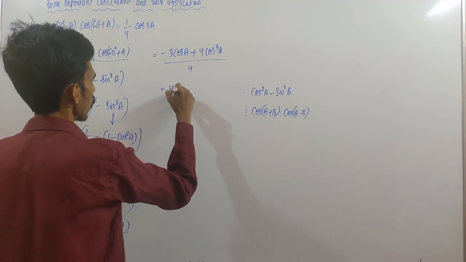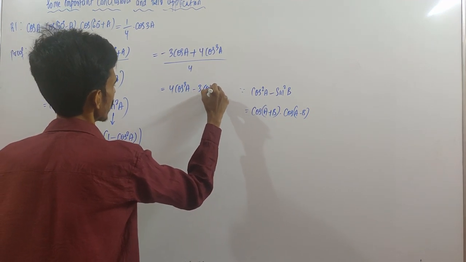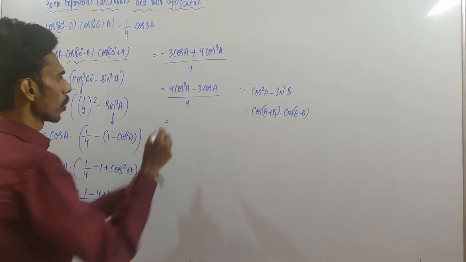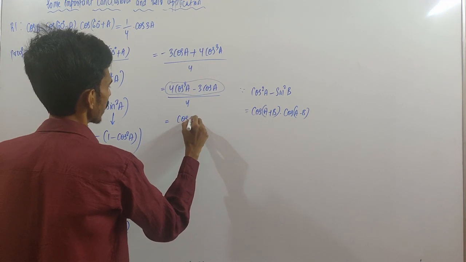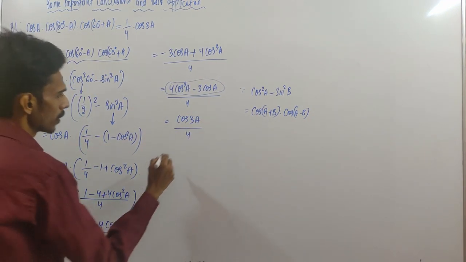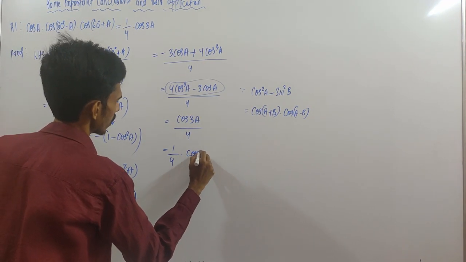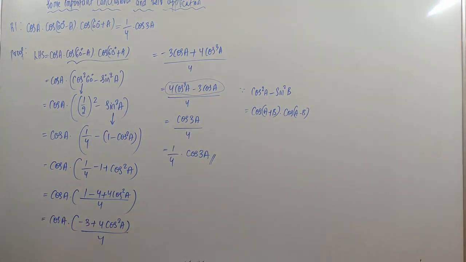Now write down this 4 cos cube A minus 3 cos A divided by 4. This is the formula for cos 3A. Cos 3A divided by 4. Now this can be written as 1 by 4 into cos 3A. Hence we proved 1 by 4 cos 3A.